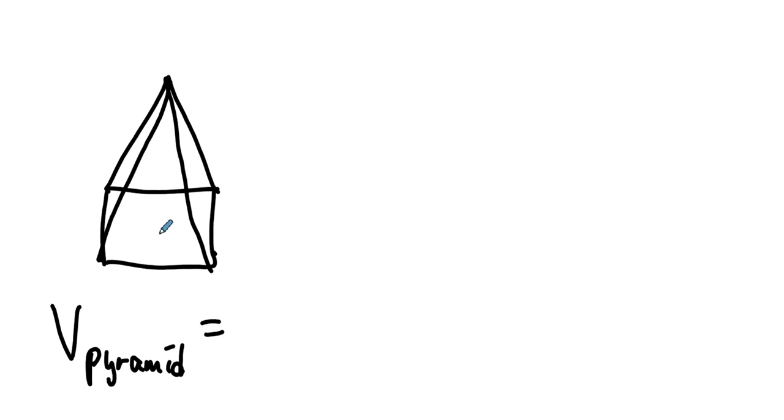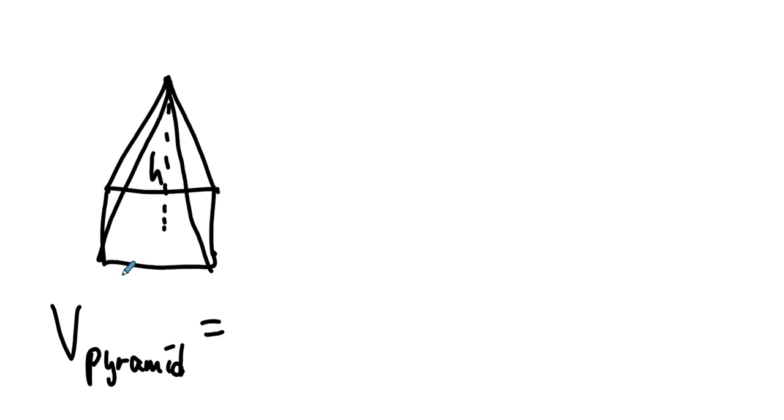You take a pyramid with a base of a certain size, and you fill it up like an ice cream cone. You fill it up with sand or salt or water, something you have handy, and you start pouring those into a prism with the same height and the same size base.